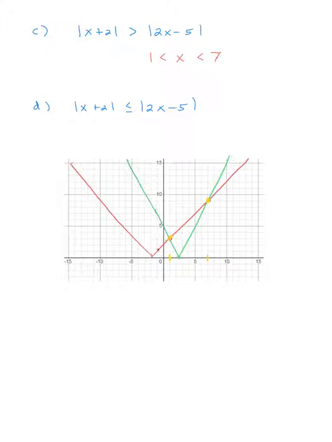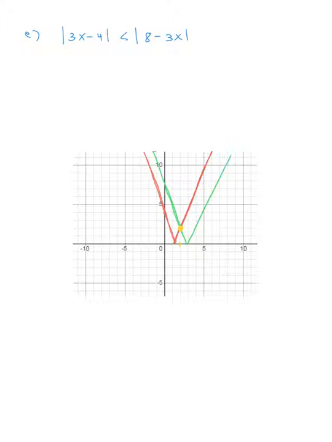Likewise, this is where x plus 2 is less than the absolute value of 2x minus 5 as well. So we're talking about the x values to the left of 1. Therefore, my answer is going to be x is less than or equal to 1, or x is greater than or equal to 7.